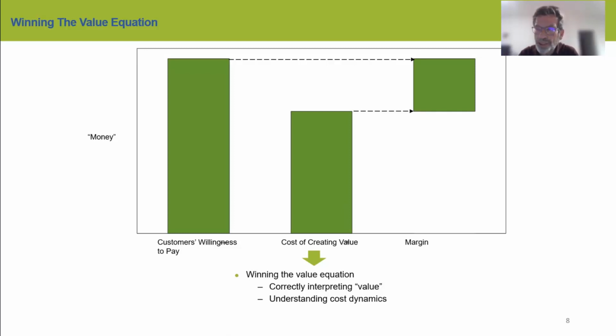How much will it cost us to create the value which we are going to sell to the customers, and to which extent this cost is less than the value that we are going to charge the customers. This margin is the key for a successful business. So this is a very, very important image that we should have in our mind.